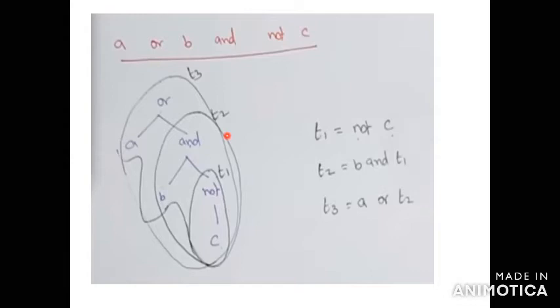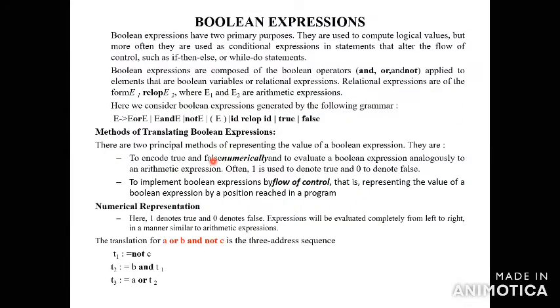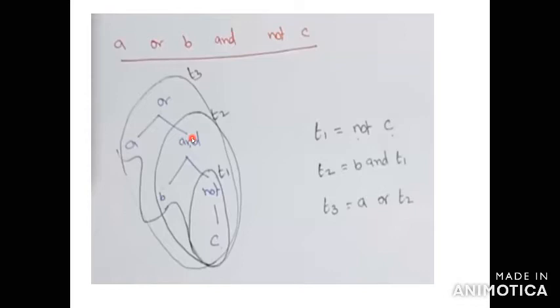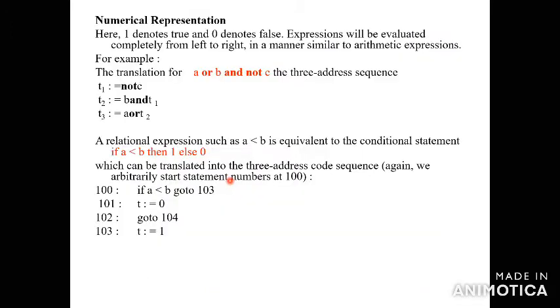Numerical representation of a Boolean expression means, according to the one input and one grammar, you write the 3 address code statements. After that, you draw the tree format of the Boolean expression. This is nothing but the numerical representation.